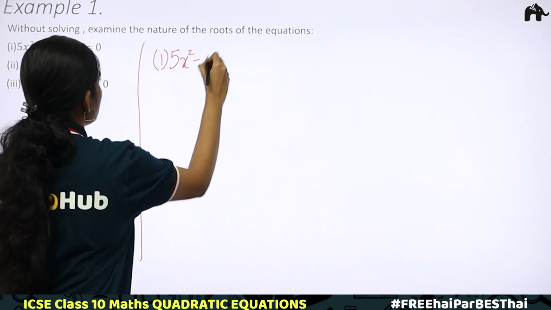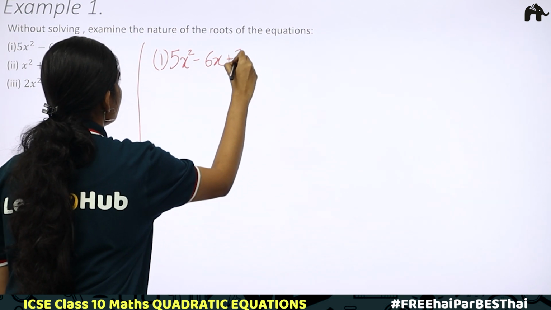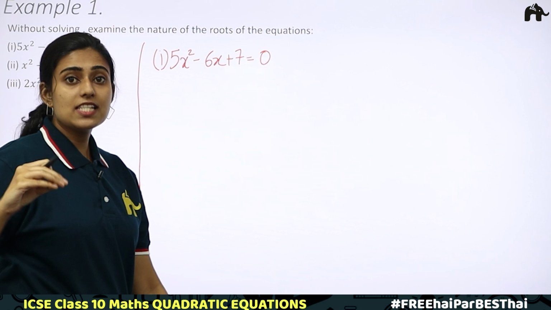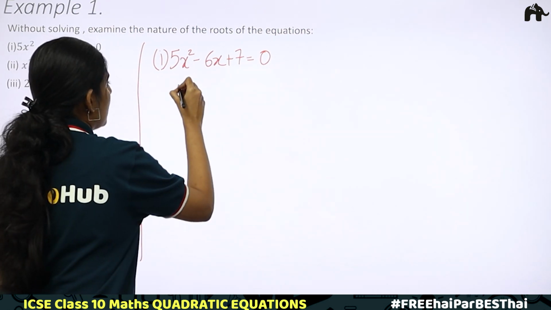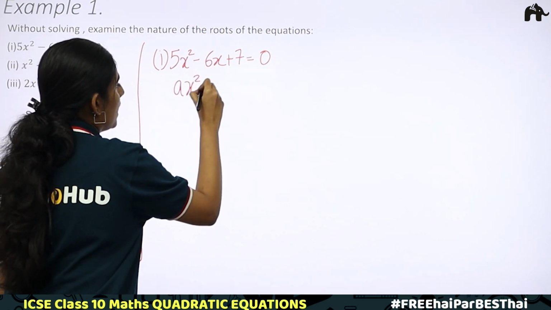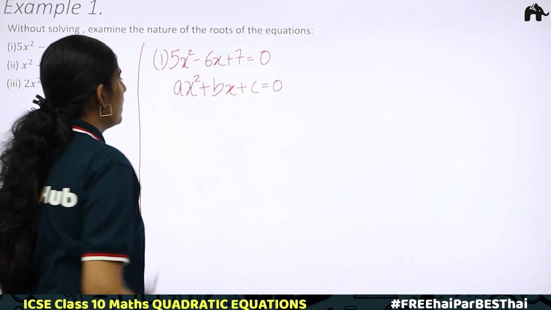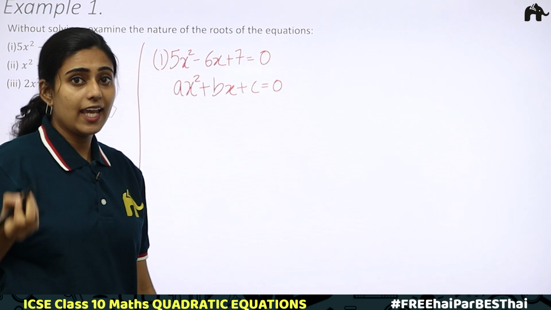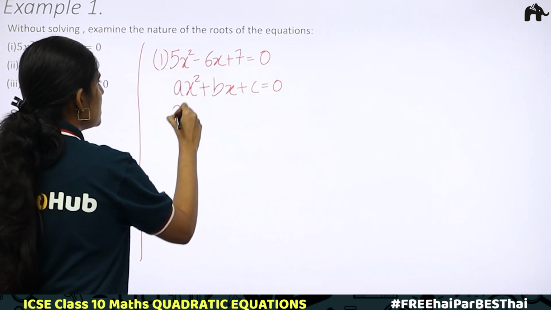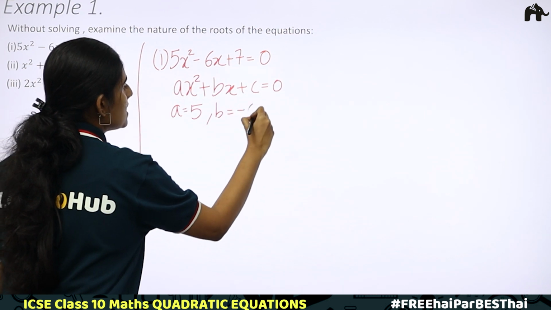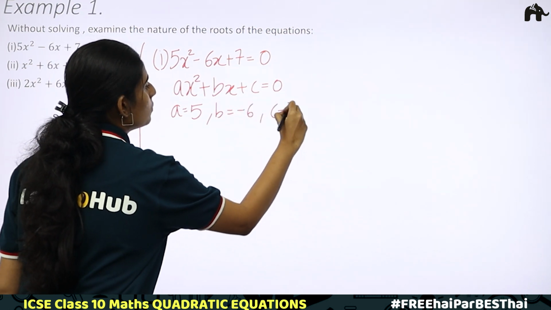Comparing this with the standard equation, that is ax square plus bx plus c is equal to 0, we can find the value of a, b and c. Here a is equal to 5, b is equal to minus 6 and c is equal to 7.